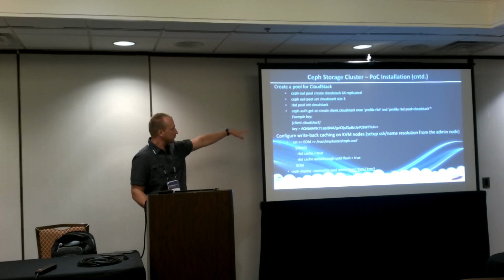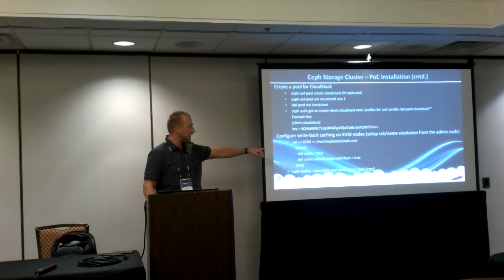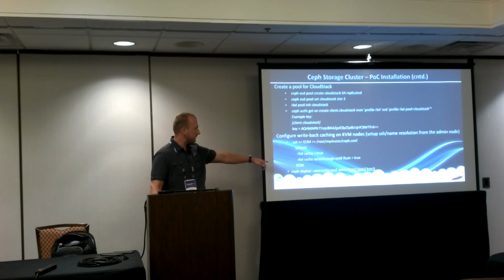Before we proceed, we do have a key which we can consume, but let's configure KVM caching, which is something you absolutely want to do on your KVM nodes. Usually we keep an identical ceph.conf file across cluster nodes and hypervisor nodes, but for now it's technically needed only on the KVM nodes.